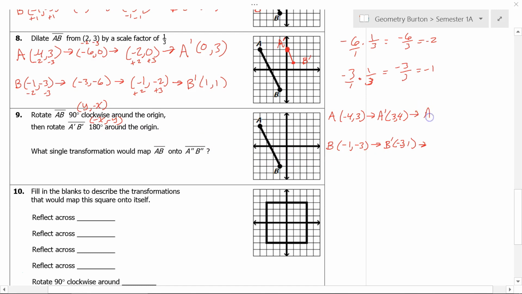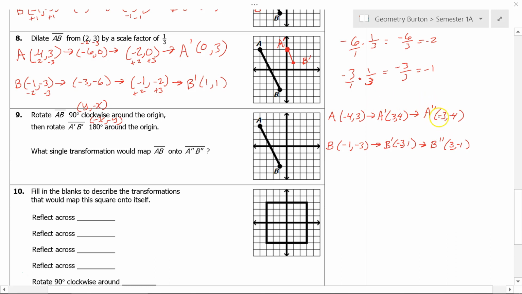So A double prime is going to be -3, -4. And B double prime, we're just doing opposite of x and opposite of y. So opposite of x, that'll be +3, and opposite of y, that'll be -1.